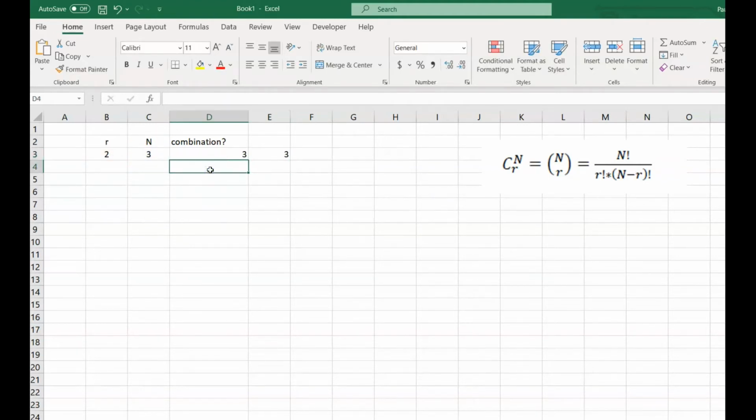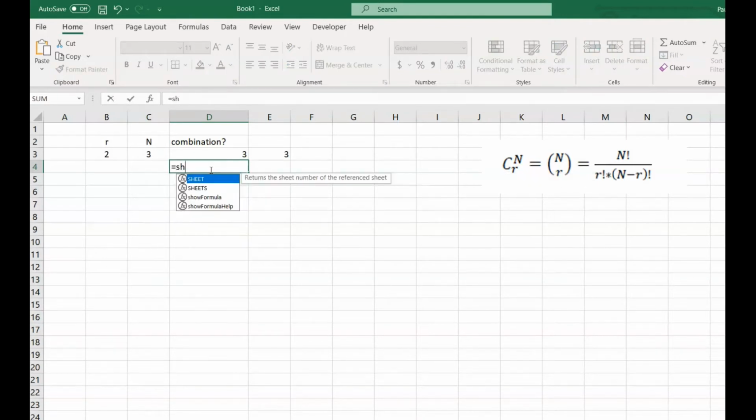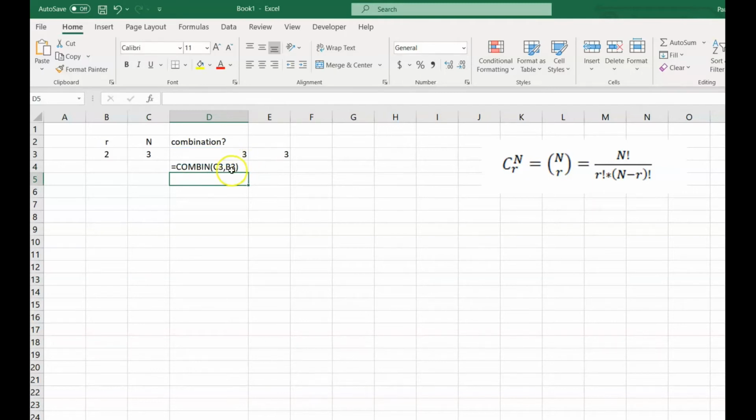I'm going to use show formula to show the formulas of these two functions. The first one is equal COMBIN. The first input is the total.